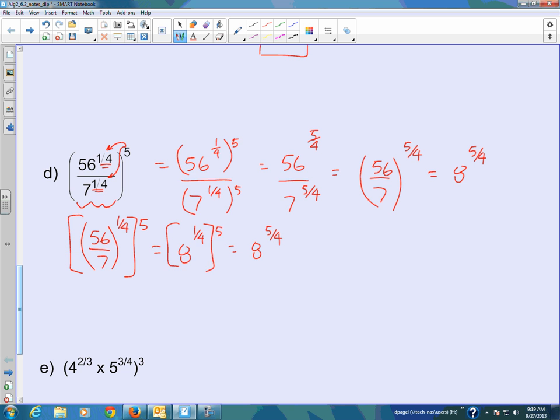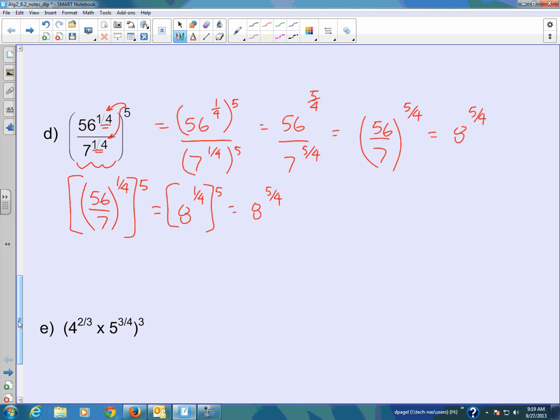And then we're going to actually take this a little further. When my exponent is an improper fraction, we're going to break that improper fraction down into its whole part and then its fractional component. So what do we mean by that? Well, 5/4 is the same thing as 1/4 plus 4/4.